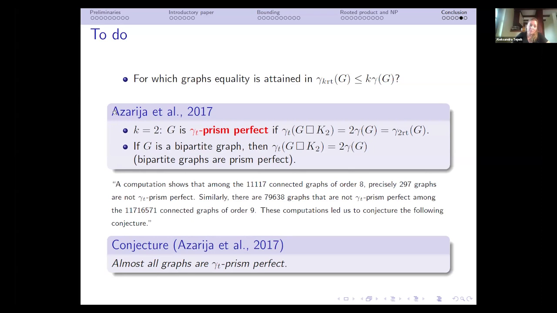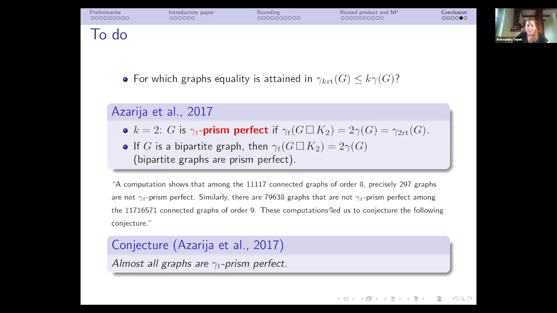Because already in the paper of Azaria, for the case when K is 2, they named the graphs that attain this bound as prism perfect graphs. And they ask what is the characterization of this graph. Certainly we know that if G is a bipartite graph, then due to this equality, bipartite graphs are prism perfect.